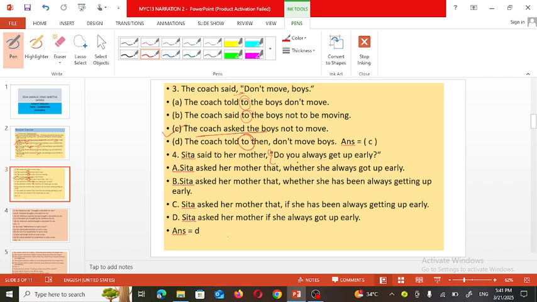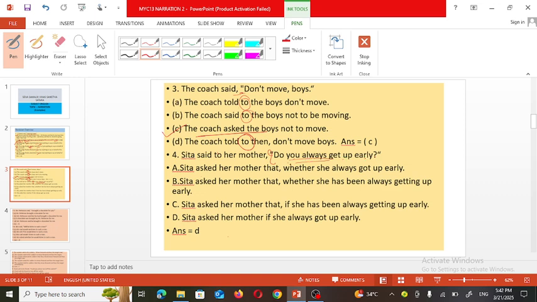Now continue with the same. You always get up early. You means mother, means she. Now the sentence is in the simple present tense. According to the rule we have to change the sentence into the simple past tense.